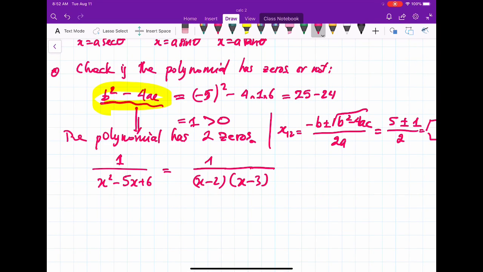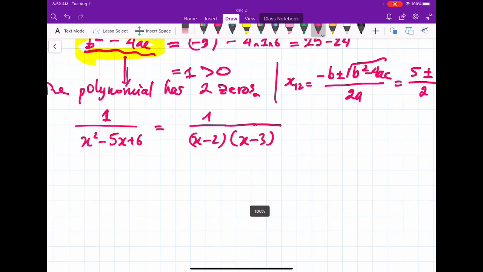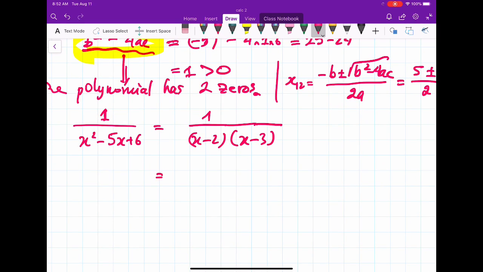Now I can break this function into two functions. How? We rewrite 1 as (x minus 2) minus (x minus 3), over (x minus 2) times (x minus 3).